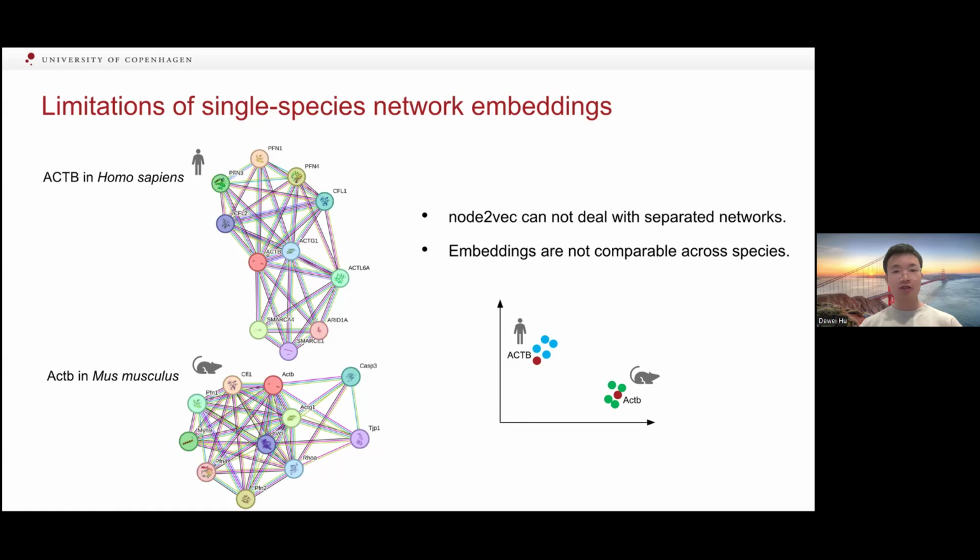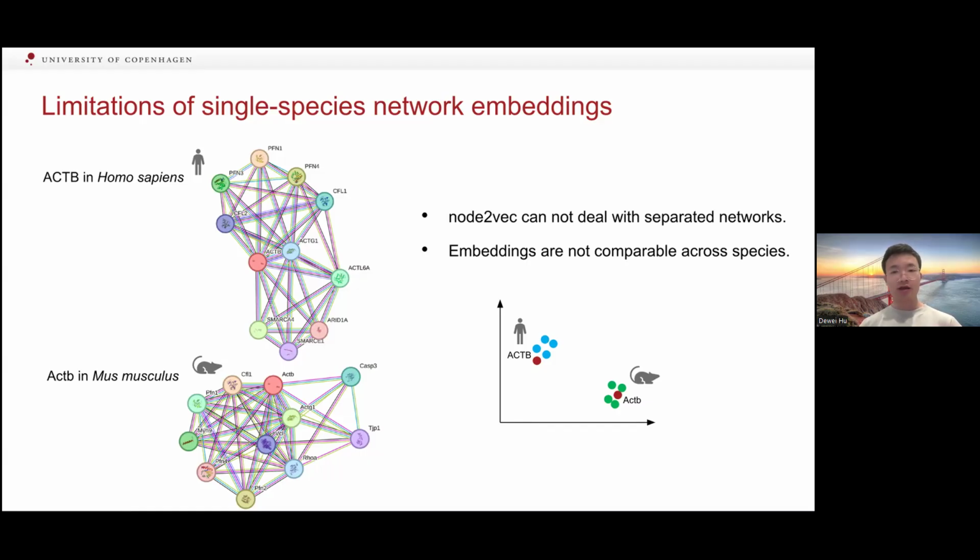However, if you just use node2vec, you cannot get very meaningful embeddings that make them comparable in two different species, because the networks are separated. And also you cannot train node2vec on two separated networks.